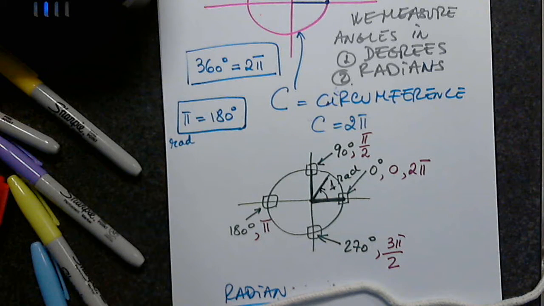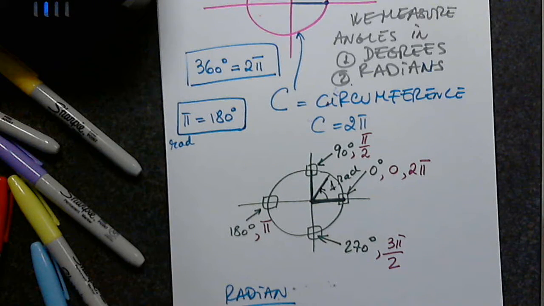It is an angle that we say subtends an arc equal to the length of the radius. That's why it's called radian. So what is it? The measure of a central angle in standard position. It doesn't have to be in standard position. So a central angle that subtends an arc that has the same measure as the radius of the circle.